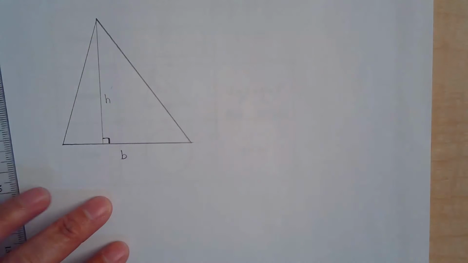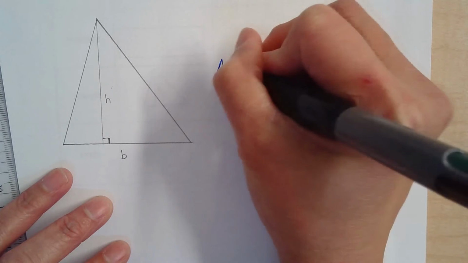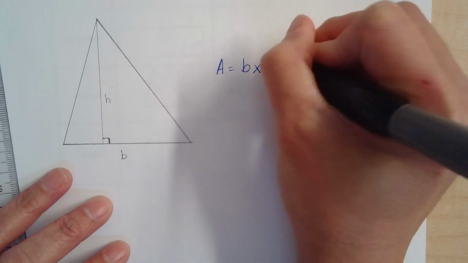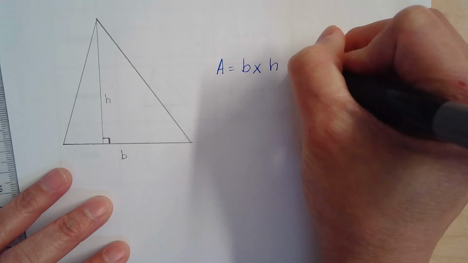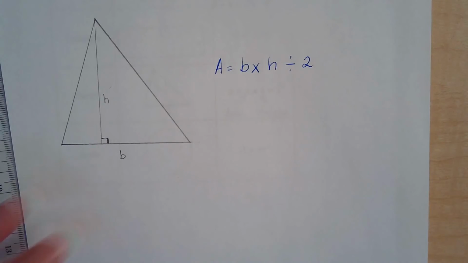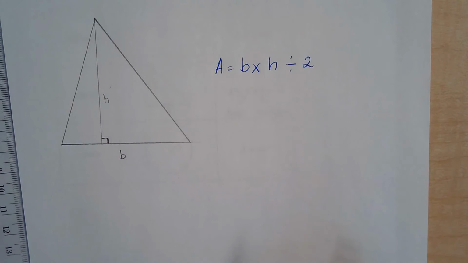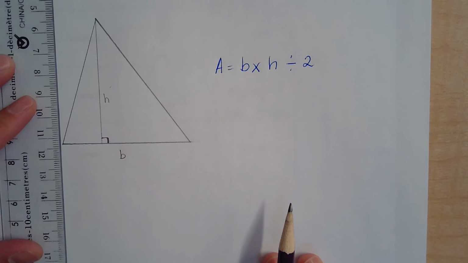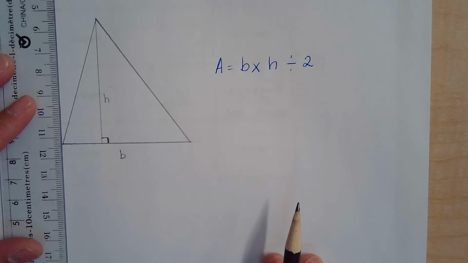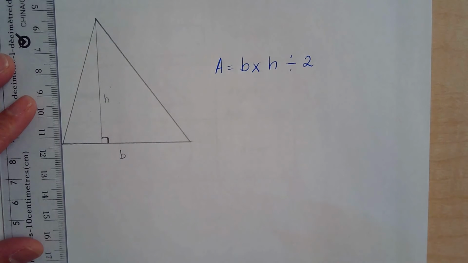Okay, we're still kind of figuring out why it is base times height, and then all of a sudden, you gotta divide by 2. Well, this is kind of weird. Like, where did the 2 come from? Two sections, okay? Here's what we're gonna do.